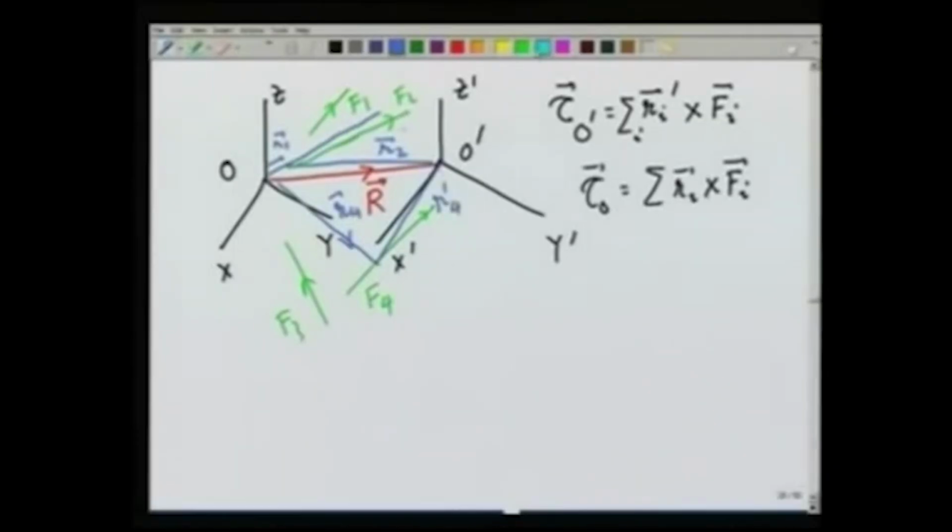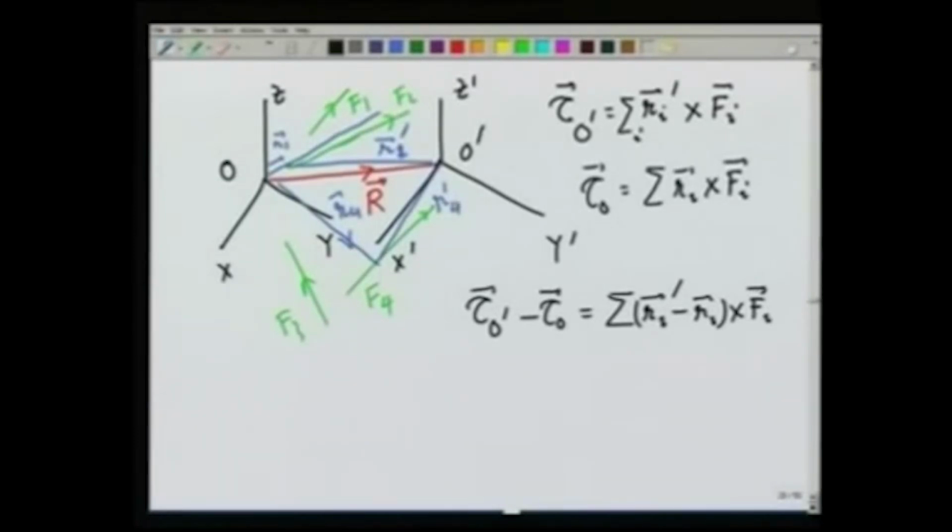Oh, sorry, this should be R 1 prime. So, if I now take the difference tau O prime minus tau O, this is going to be equal to the summation of R i prime minus R i cross F i.